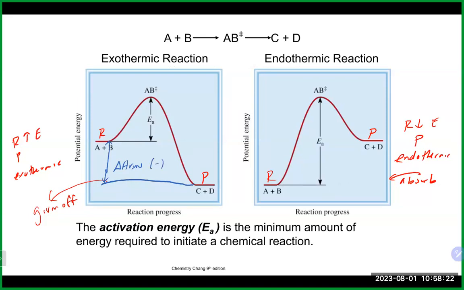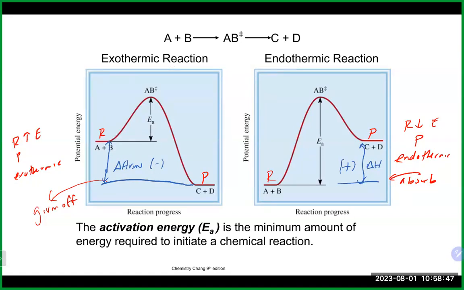And if you do the same thing over here, the difference between the energy of your products and your reactants will give you your delta H value for this reaction. Since your products are higher in energy than your reactants, products minus reactants will give you a positive number. So that's what we talked about earlier throughout the semester, that usually a delta H value that is positive will give you an endothermic reaction. Negative is an exothermic reaction because of that.